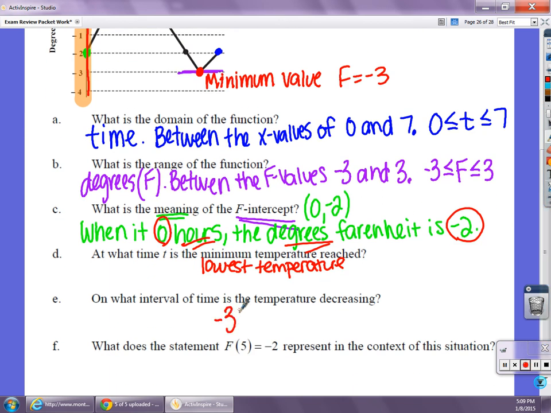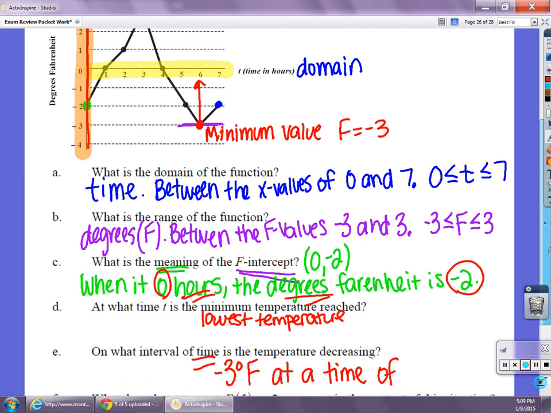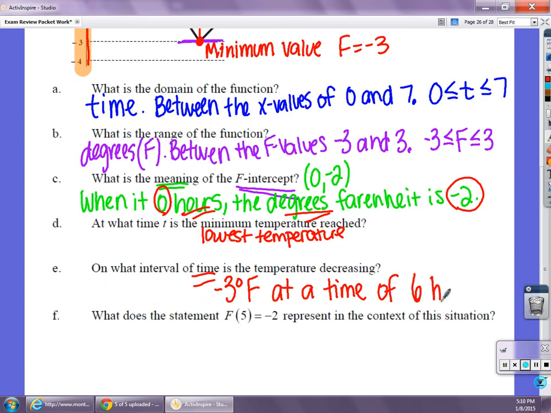So let's say -3 degrees Fahrenheit at a time of, just notice it says at what time, doesn't it? So what time did that occur? That's going to be a time of 6 hours. That's really the answer to that question.